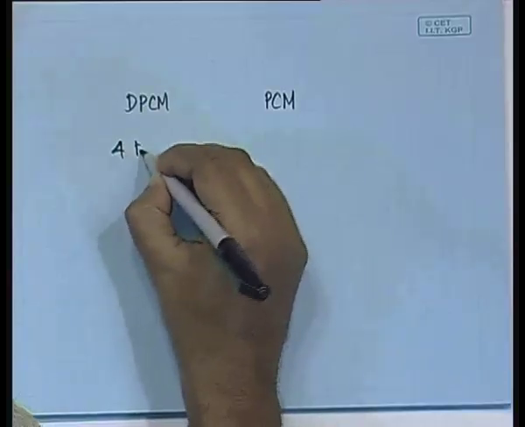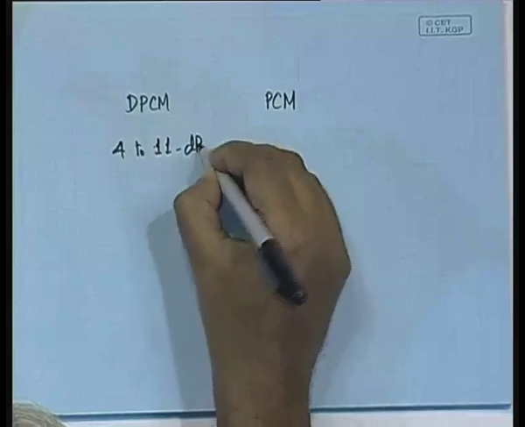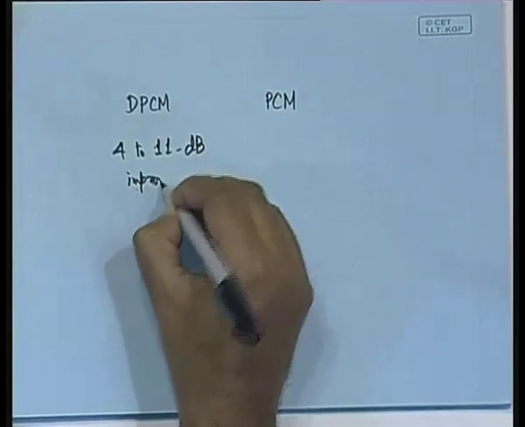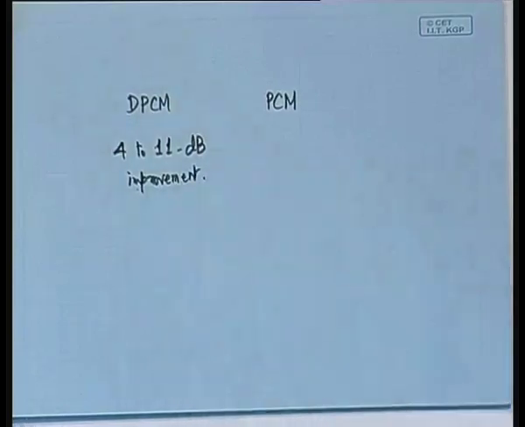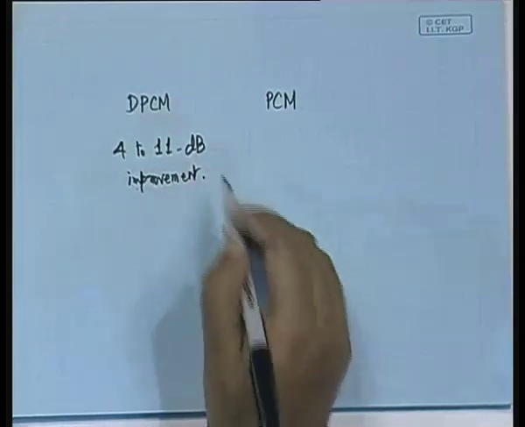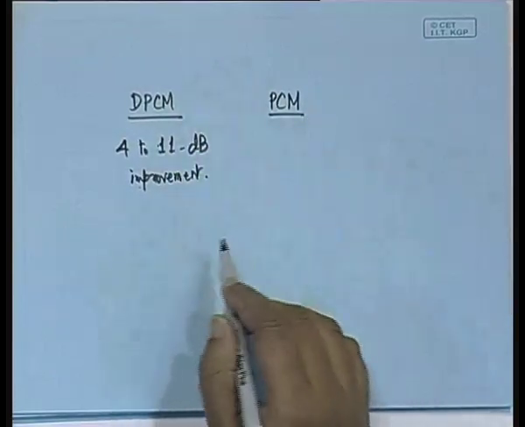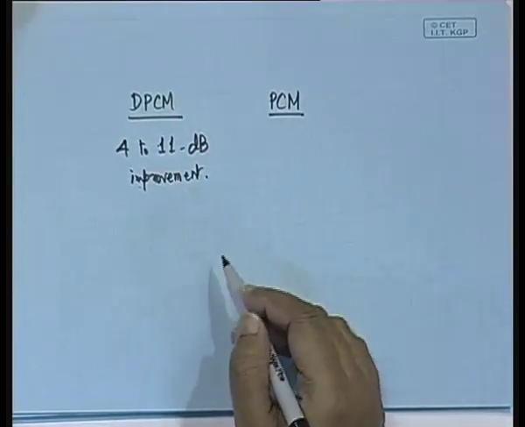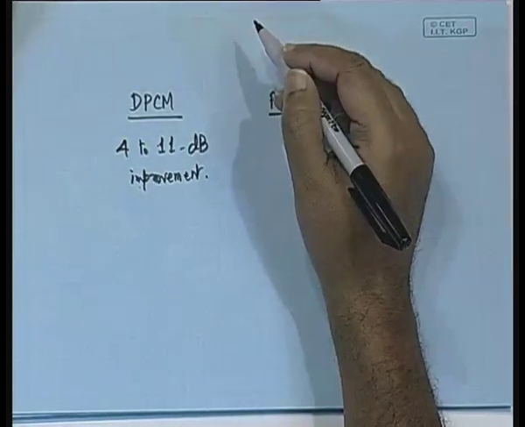Now, if you use the same number of levels, that is to say let us consider a 3-bit PCM, meaning 8 level PCM and 8 level DPCM, then we will observe that DPCM has something like 4 to 11 dB of improvement over that of PCM. So vis-a-vis direct quantization, DPCM gives you 4 to 11 dB of advantage.